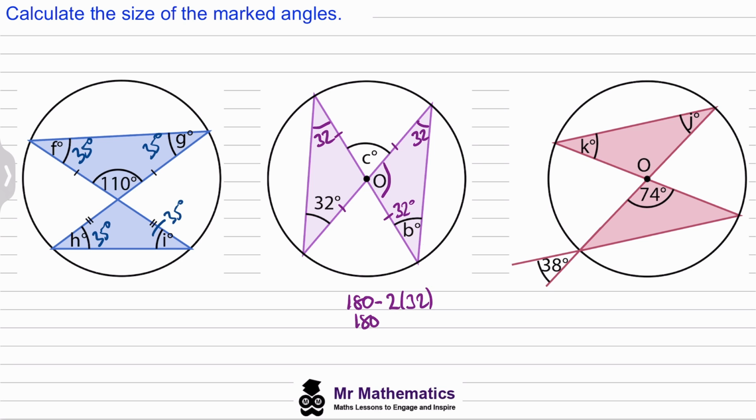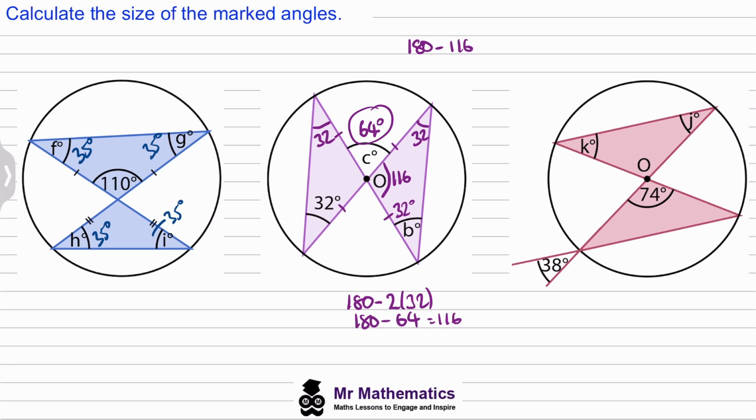So 180 minus 64, which will give us 116 degrees. So now we can work out angle C as 180 minus the 116 angles on a straight line, and this will be 64 degrees, okay?